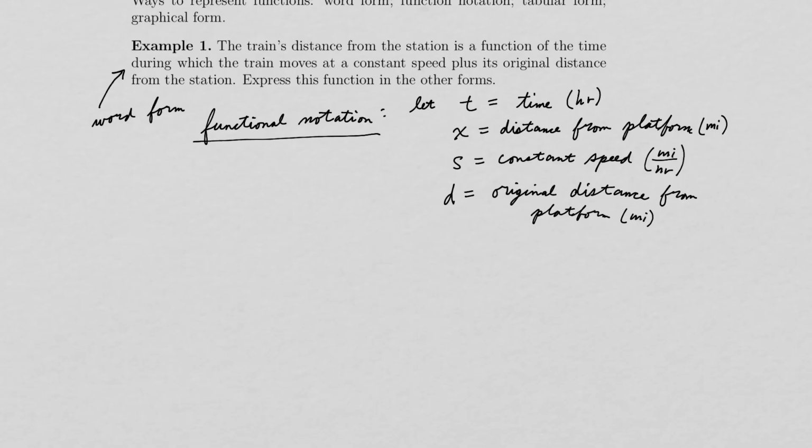My output, which is x, the distance from the platform, is equal to the speed times the time plus the original distance. So t is sort of like my input, and x is my output.